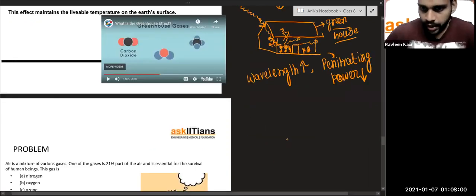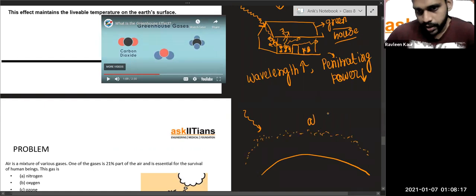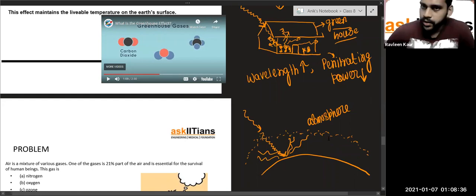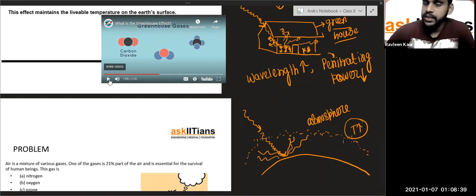The light is coming down to the earth, but the earth is surrounded by the atmosphere, right? After the light comes down to the earth, when it's trying to go away, it is not being able to do that. As a result, the temperature of the earth is getting increased.